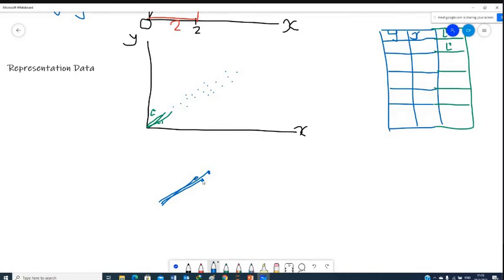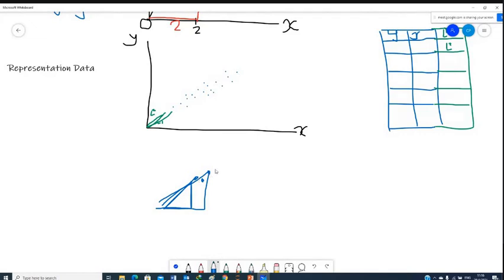Then I can compare, so if I do it like this, and then I can also do it like that. What I can now do is compare the marginal difference or the distances between these two points.